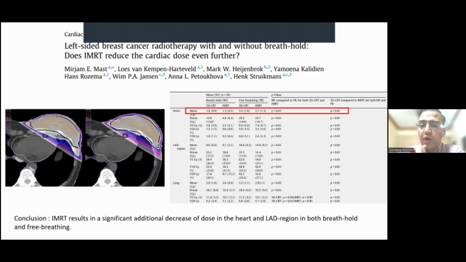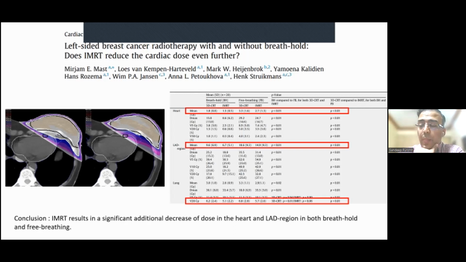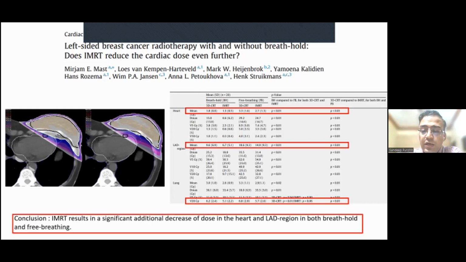So in terms of heart mean dose, left anterior descending artery mean dose, and V20 lung all had significant value when DIBH with IMRT was compared with DIBH with 3D CRT. So IMRT resulted in significant additional decrease of dose in heart and left anterior descending artery region in both breath hold and free breathing.